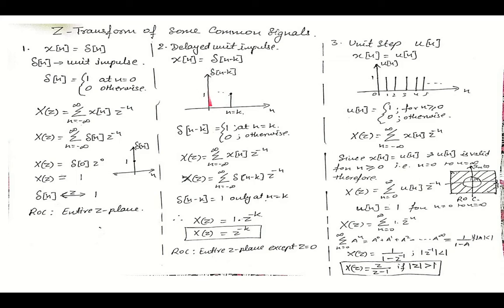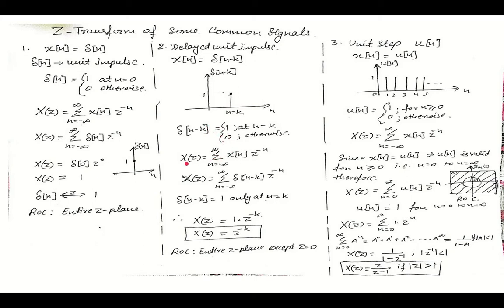It is reflected in this graph that its value will be 1 only at n equal to k, and at the rest of the places of n it will be 0.